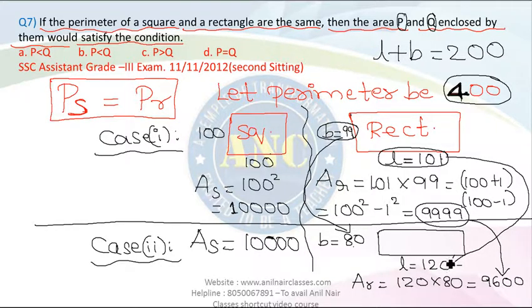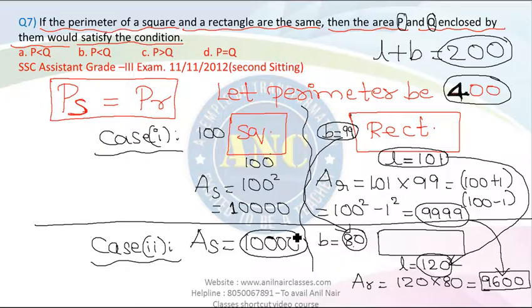That means, instead of taking 120 and 80, you take 130 and 70. The sum is once again 200. 130 and 70, 13 into 7 is 91. So area becomes 9100. It is once again less than 10,000.